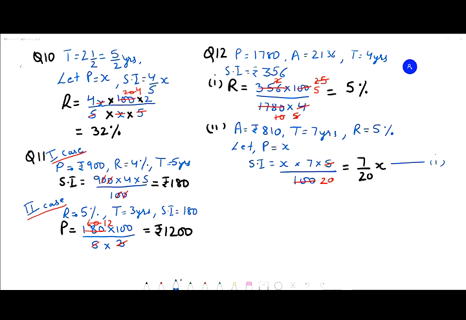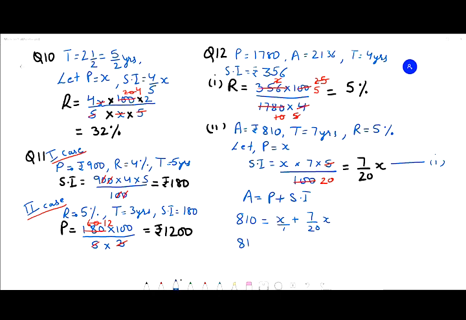Now we'll write the formula of amount. P plus SI. Now my amount is 810. Principal is X and SI is 7 by 20 X. Here I'll take 1.